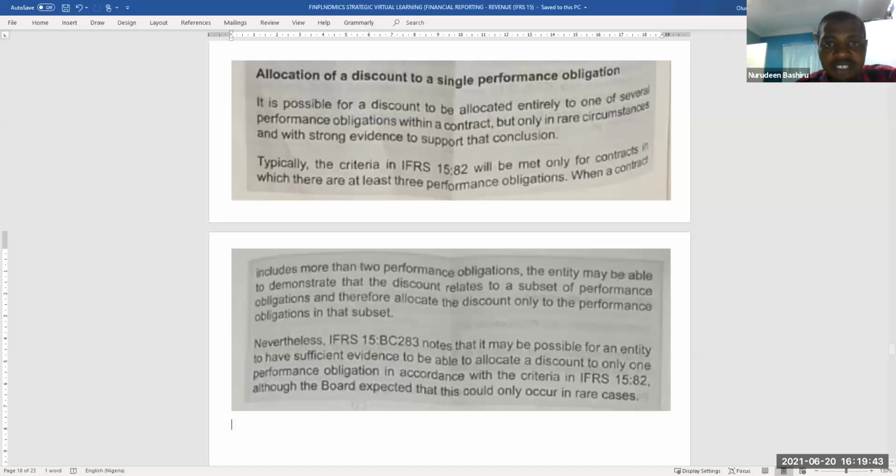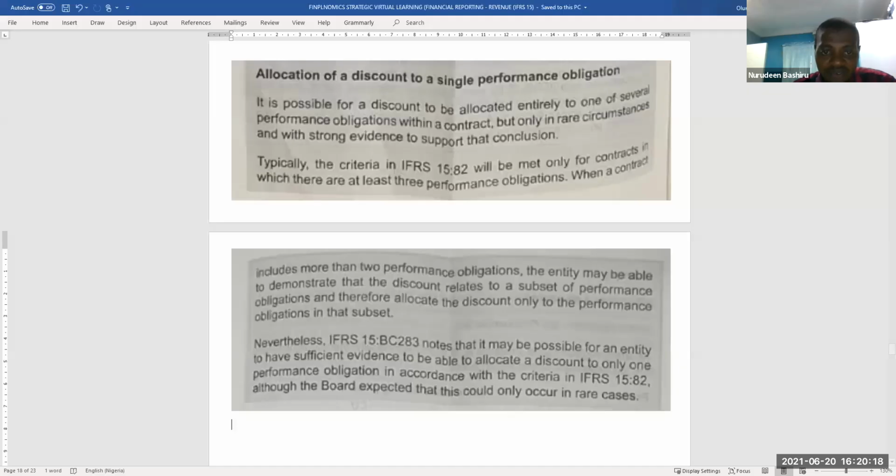Typically, the criteria in IFRS 15 paragraph 82 will be met only for contracts in which there are at least 3 performance obligations. When a contract includes more than 2 performance obligations, the entity may be able to demonstrate that the discount relates to a subset of performance obligations and therefore allocate the discount only to the performance obligations in that subset.